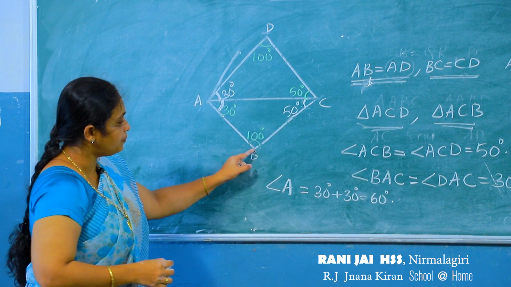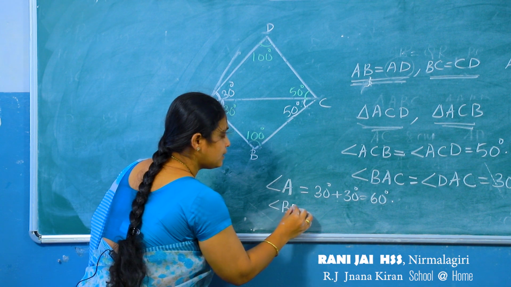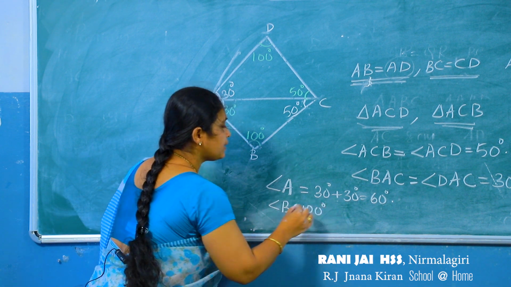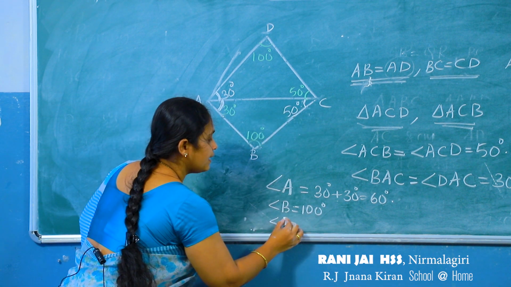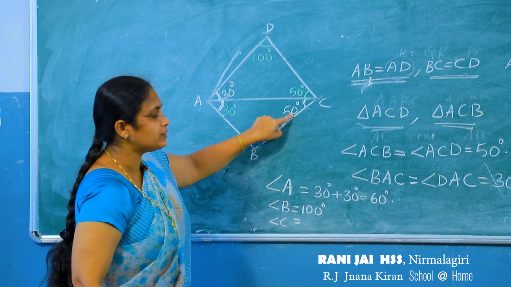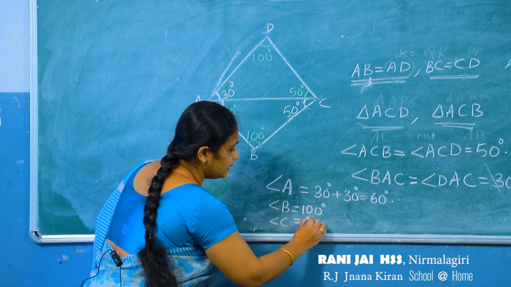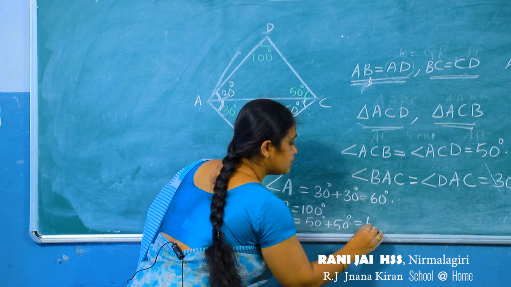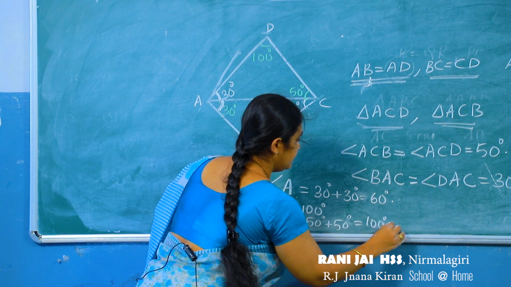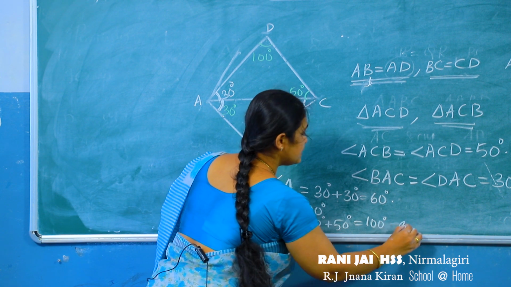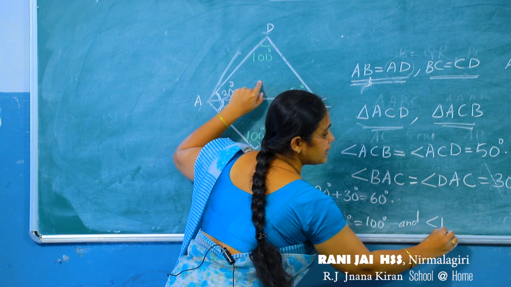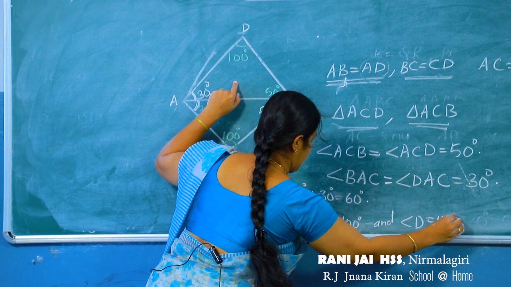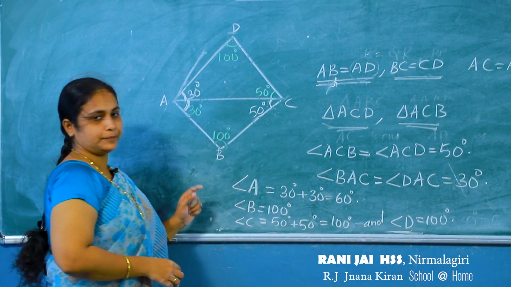Now angle B is equal to 100 degree and angle C. Angle C equal to 50 degree plus 50 degree equal to 100 degree, and angle D. Angle D equal to 100 degree.